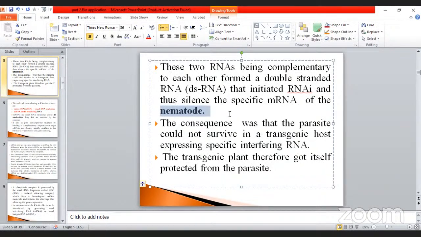The consequence was that the parasite could not survive in the transgenic host expressing specific interfering RNA. The transgenic plant therefore protected itself from the parasite.